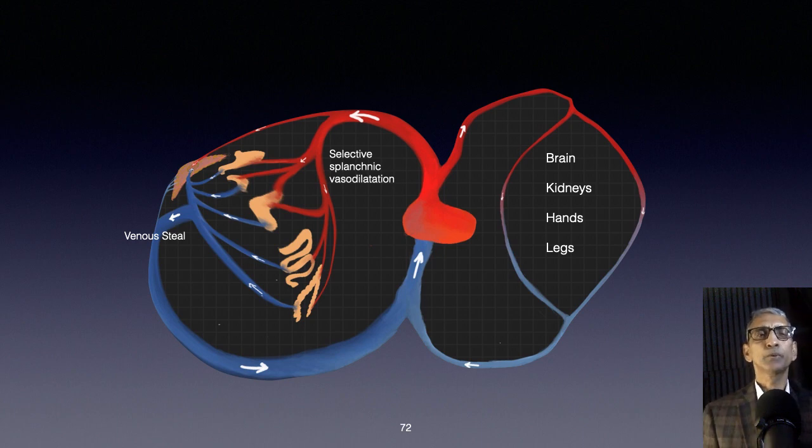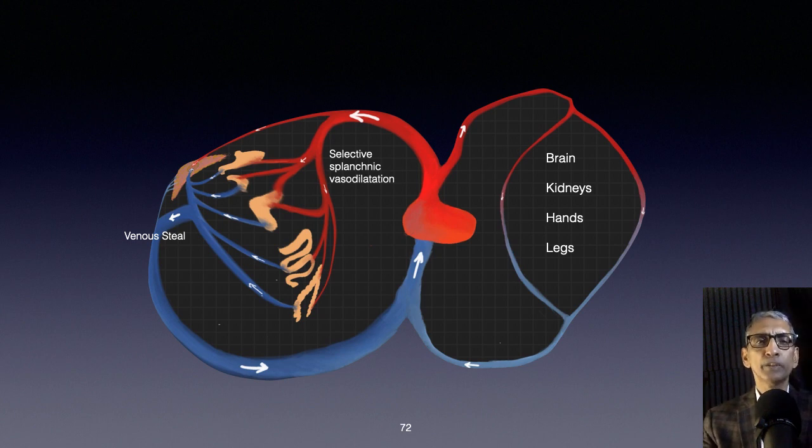The idea is to raise the mean arterial pressure by at least 10 millimeters of mercury. Raising the pressure a little bit will prevent the kidneys from failure. So that's the idea behind it.